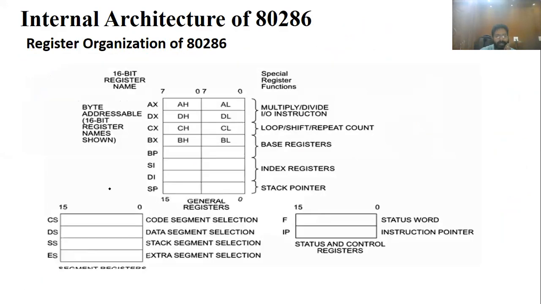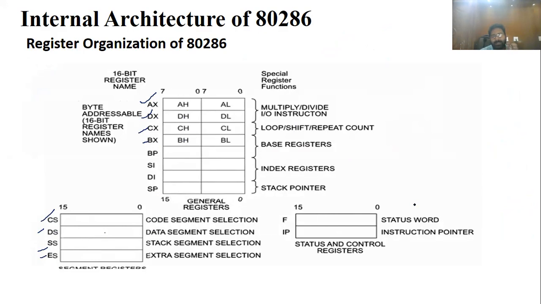See these registers. What are the different types of general purpose registers? AX, DX, CX, BX. You know that these are also available in the 8086 microprocessor. Then what are the segment registers? CS, DS, SS, and ES: code segment, data segment, stack segment, and extra segment registers.